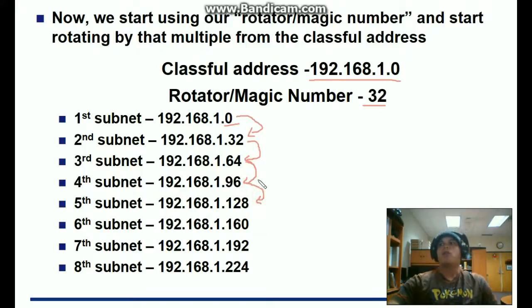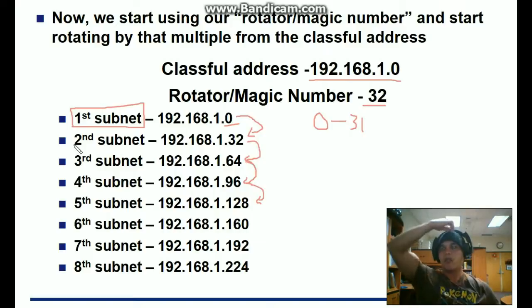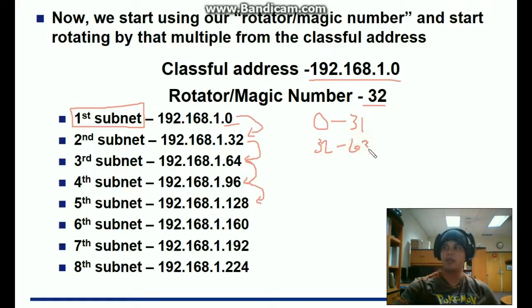So what that means is the first subnet that we have created has an IP address that starts from 0 all the way to 31. That is what this first subnet represents, or the first subnetwork. Then the next network will start with 32, and it goes all the way up to 63.